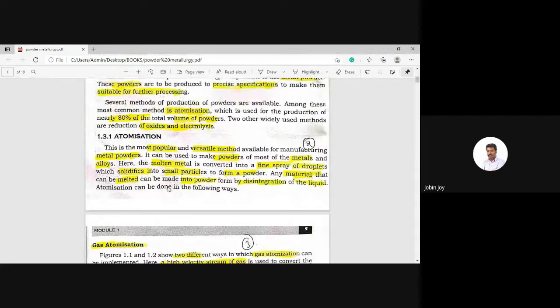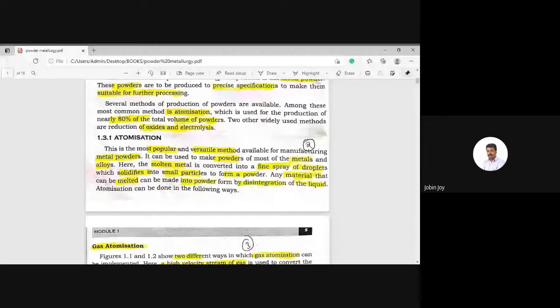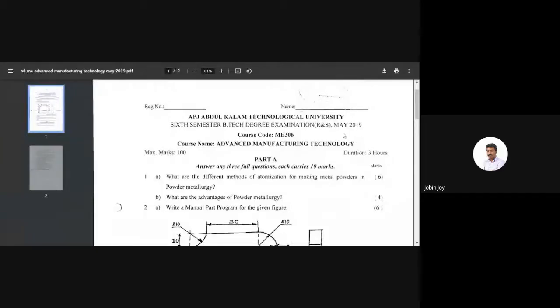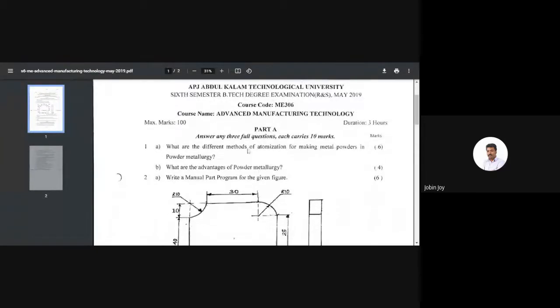Once again I will show the question paper. This question is from May 2019. What are the different methods of atomization for making metal powders in powder metallurgy?